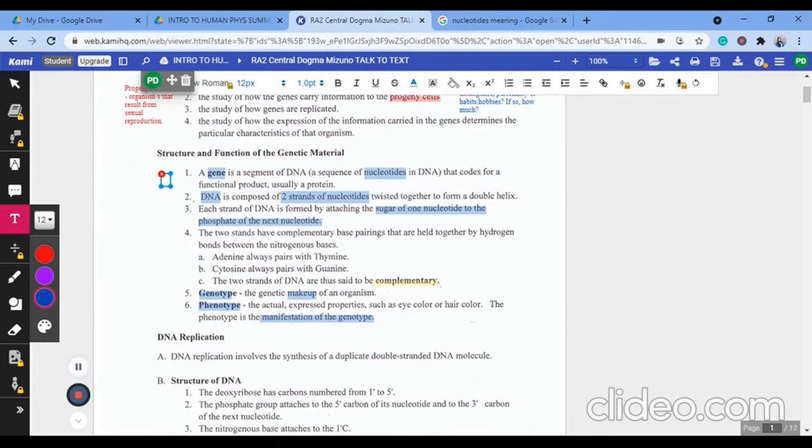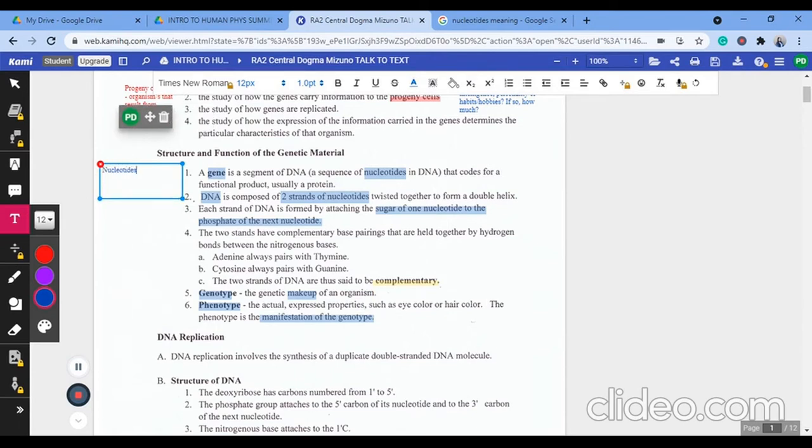From what I remember in my AP biology class, they are molecules that consist of a nitrogen-containing base, as the name suggests, such as thymine or cytosine in DNA, as mentioned before, and cytosine in RNA. It also has a phosphate group and a sugar, which is deoxyribose in DNA and ribose in RNA.